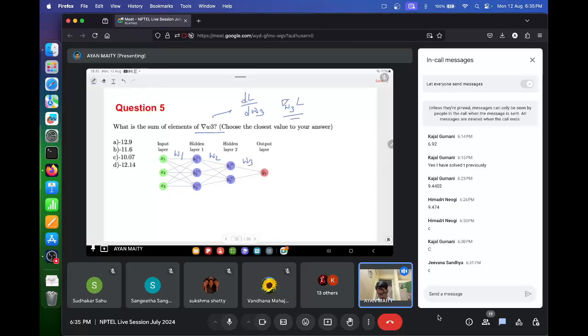W3 is a 2 by 1 matrix. So you have to compute the gradient of L with respect to W3 and then take the sum of all the elements of that vector. Kajal says option D. Okay.